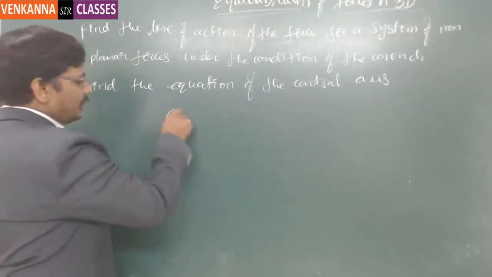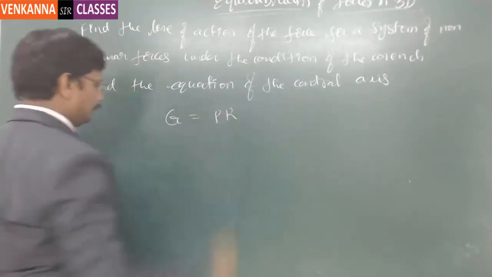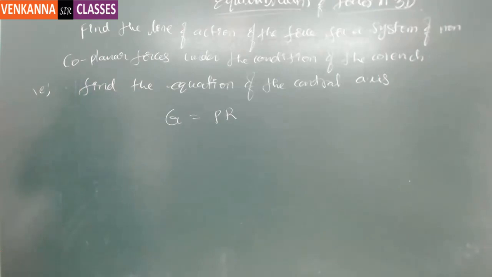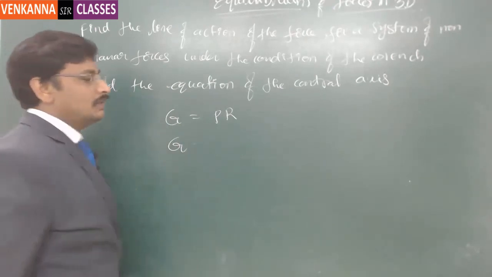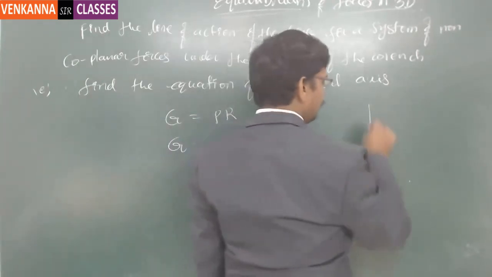So now, under the scenario of the wrench, G can be expressed as P times R. Let us say this is the central axis.